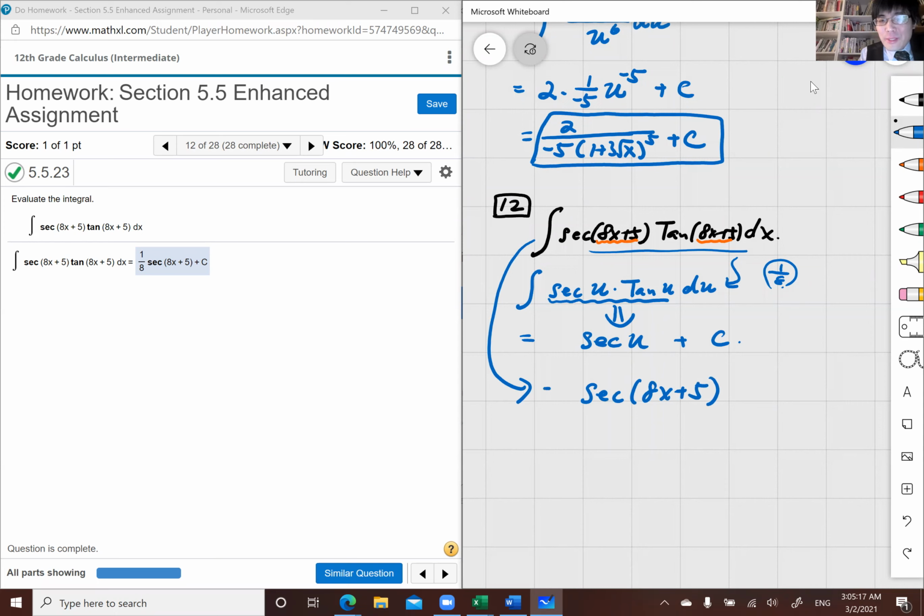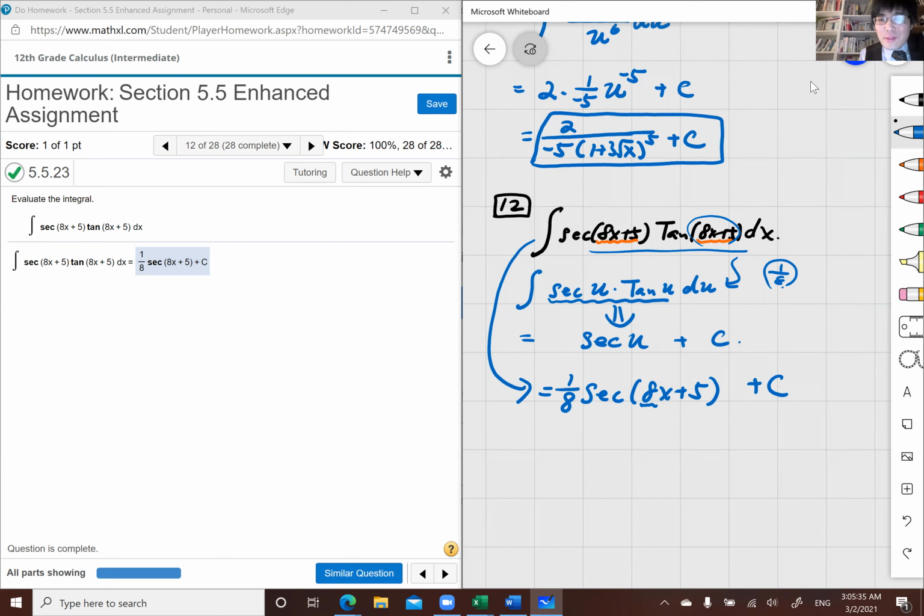Now, when you differentiate this, you're going to get secant tangent and the product multiplied by 8. So you have to divide it by 8. So that's where 1/8 appears. Okay, so this is just a linear term.